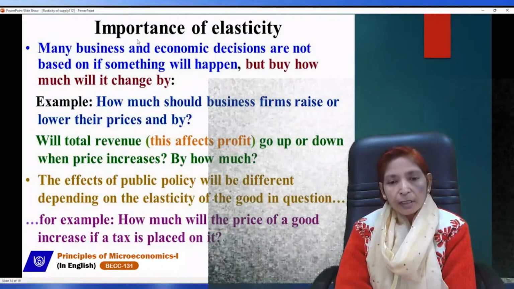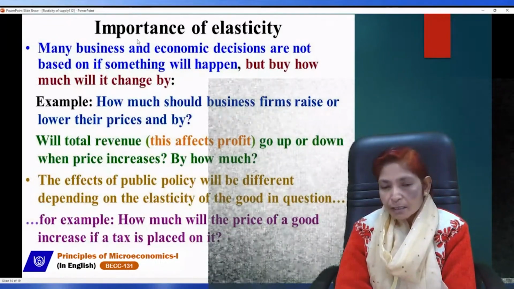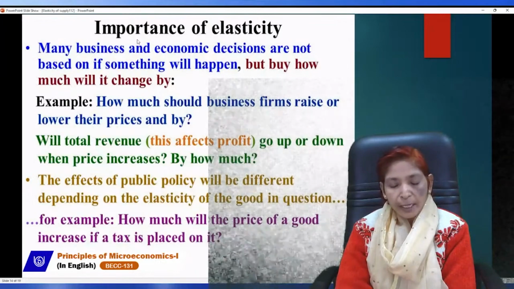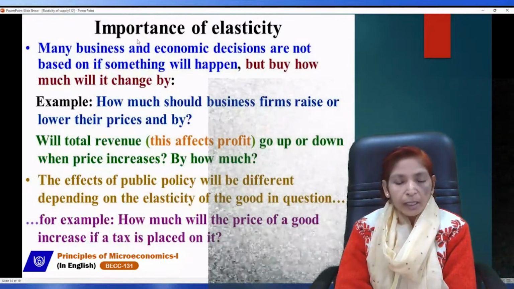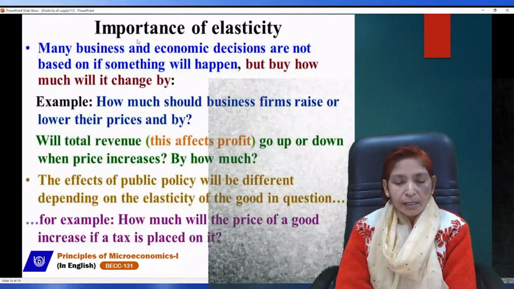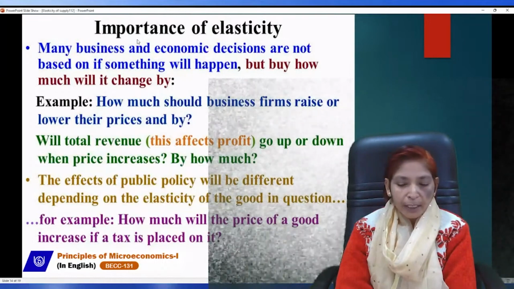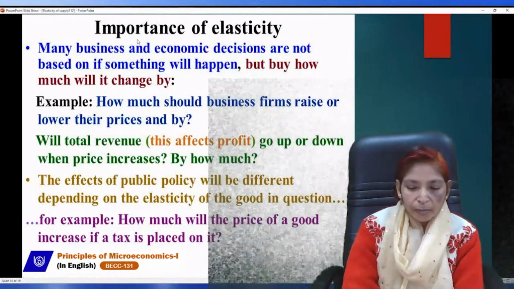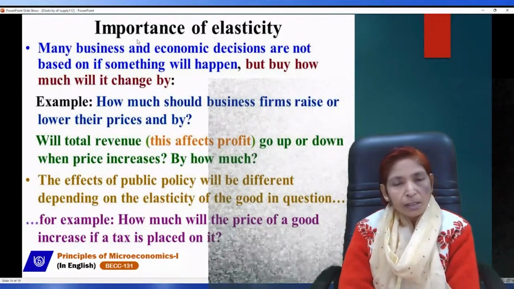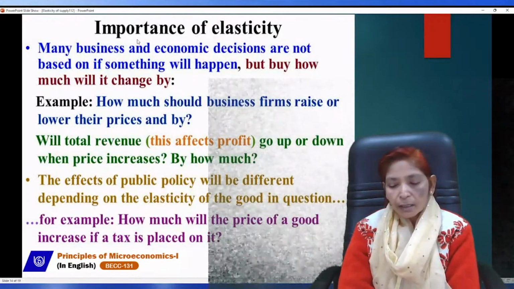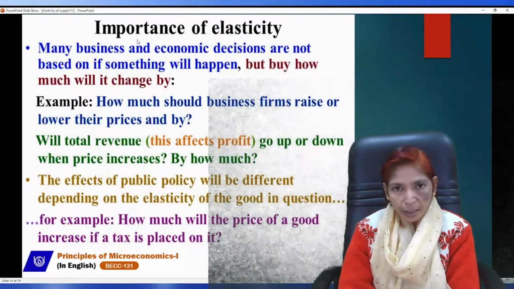And if supply is perfectly inelastic and can't change, then government will put less taxes. And if supply can change, it is different, because elasticity of supply differs from elasticity of demand.